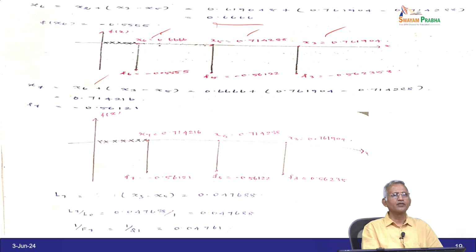So, x7 equal to 0.714216 and f7 is minus 0.56121, and we have L7 equal to what? 0.047688, and L7 by L0 equal to 0.047688. Therefore, 1 by F7 equal to 1 by 21, which is 0.04761.